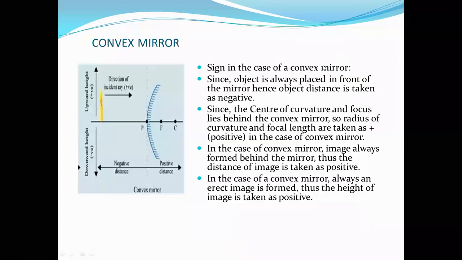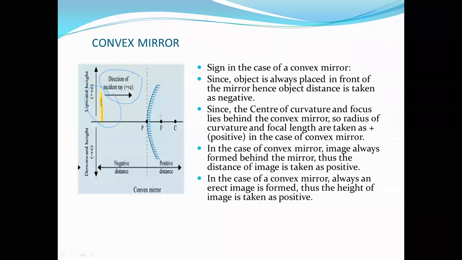In our next slide, that is the convex mirror. Look at the convex mirror. Signs in the case of a convex mirror: since the object is always placed in front of the mirror, this yellow candle, whatever is visible in front of you, is the object. The direction of incident light is always towards the mirror.